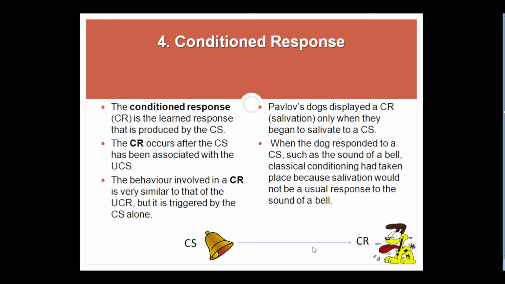For example, if you use a bell paired with food a couple of times, eventually, even if no food is given, ringing the bell alone will produce salivation. So this is what is called classical conditioning. And here, the previously neutral stimulus becomes a conditioned stimulus, producing a conditioned response.